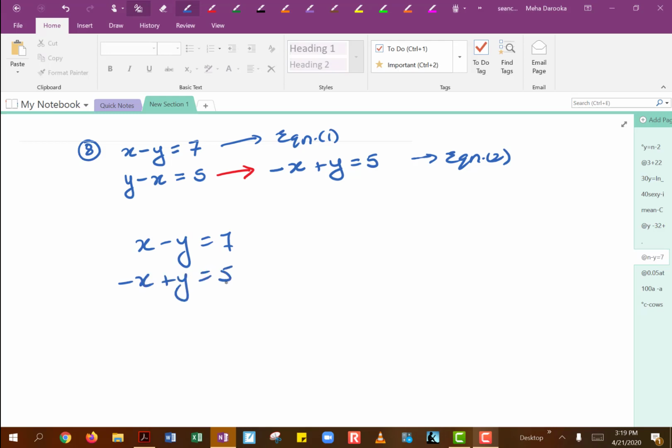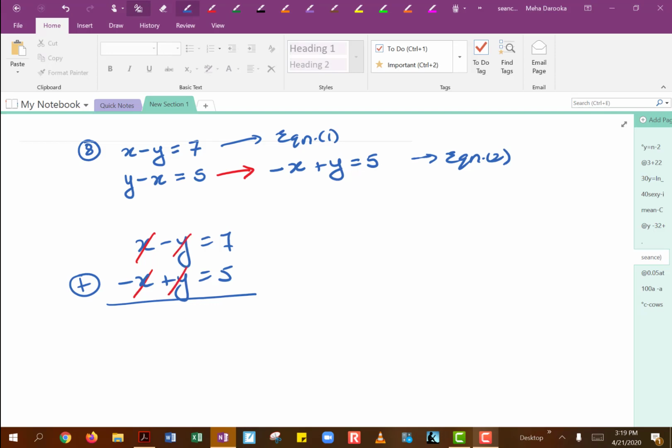So you will see I don't need to multiply either of the equations by any number, because when I add these two equations, I already have opposite numbers on my x coordinates, or for that matter even on my y coordinates. So when I add positive x with negative x, they will go ahead and cancel each other out, and same thing will happen actually on the y terms also. The negative y will cancel out the positive y.